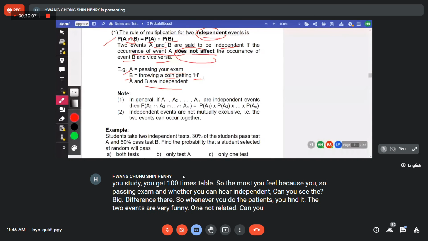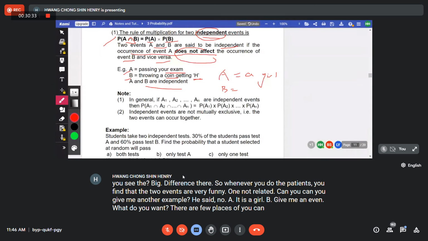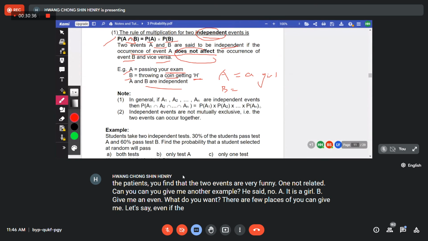Can you give me another example? Let's say event A is a girl. Give me a B event. Event B, win the game.